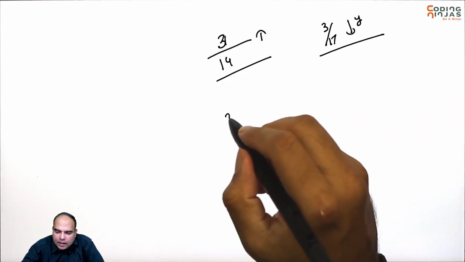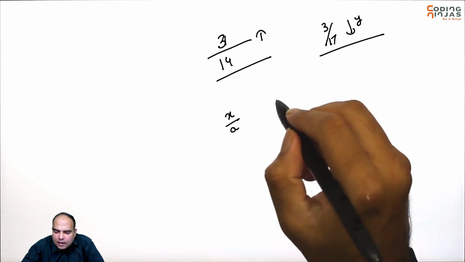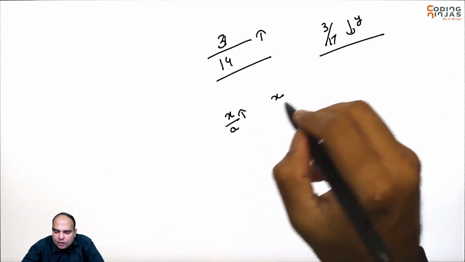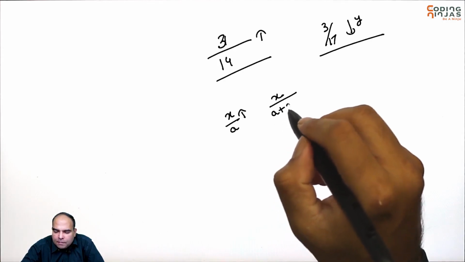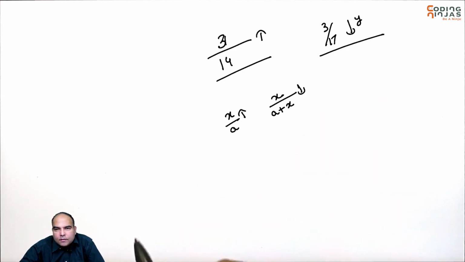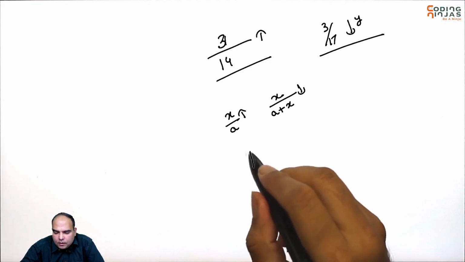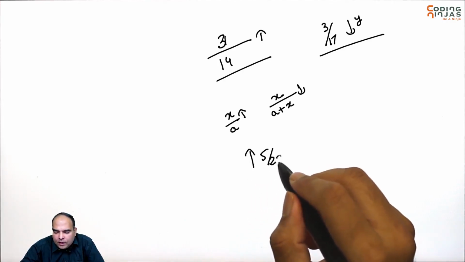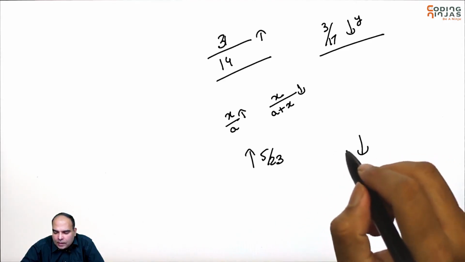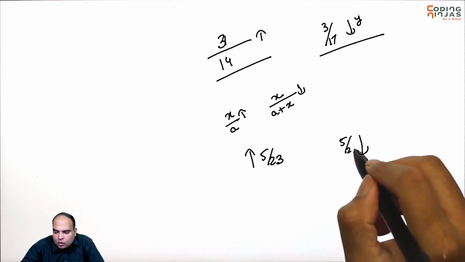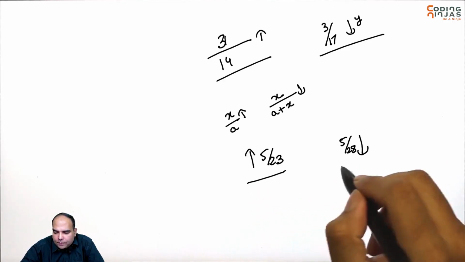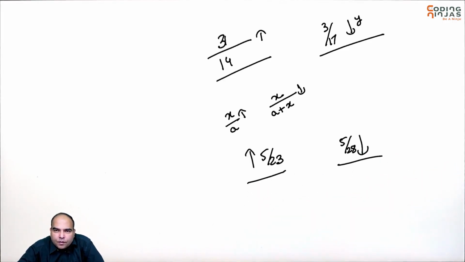So it is not just 1 by a and 1 by a plus 1. It is x by a increase in one component, leading to x by a plus x decrease in another component. So if this is increasing by 5 by 23 and the product is constant, the other component should drop by 5 by 28, and so on, right?